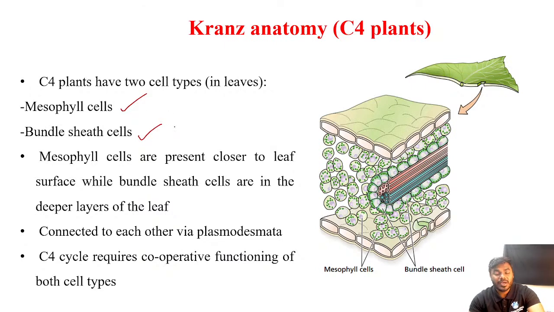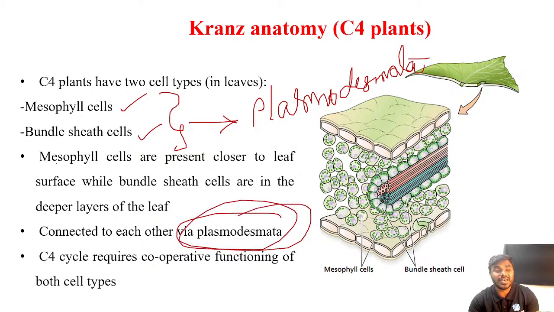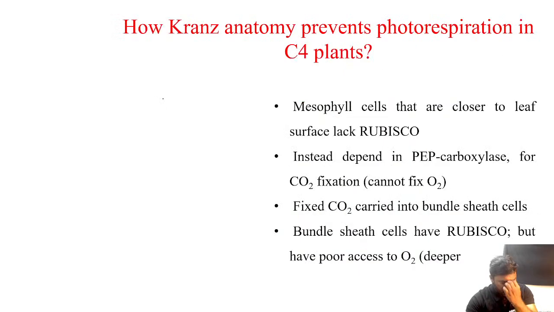So you can ask me, sir, you are saying that both mesophyll and bundle sheath are involved, then how are these 2 connecting with each other? That is the question. Mesophyll and bundle sheath cells are connected with each other by plasmodesmata. Everyone remember, both the cells are required, and with the help of plasmodesmata they can be connected.